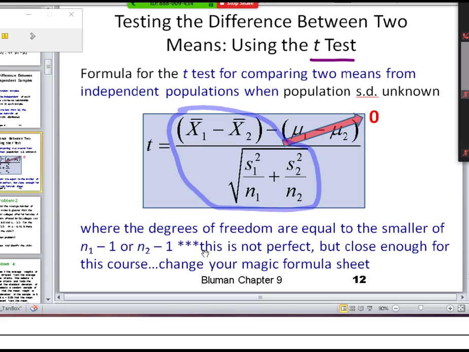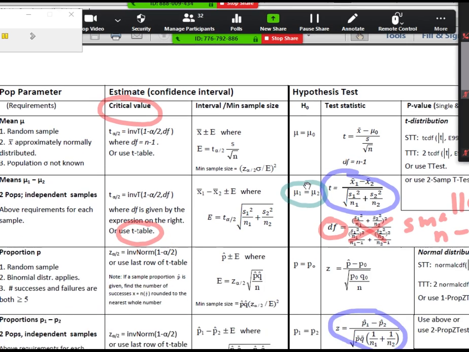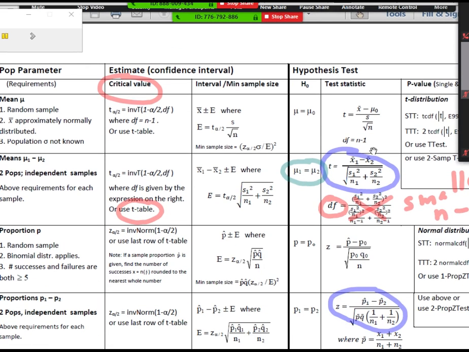Your magic formula sheet should say that. If you take a look at your magic formula sheet, here, I'll show you. Actually, it's right here. Perfect. So remember degrees of freedom. This is for 2 means, hypothesis test, your test stat. Your degrees of freedom should not be this one.